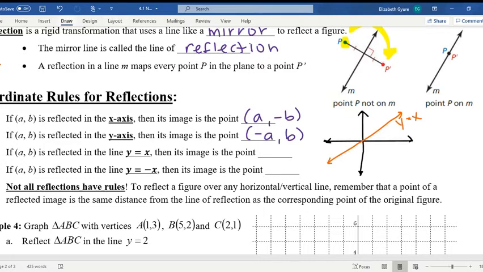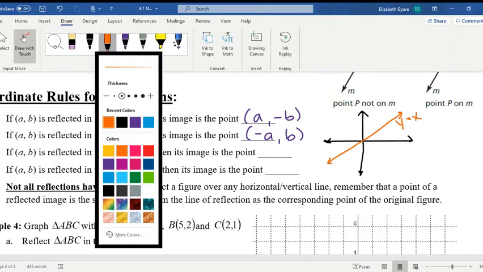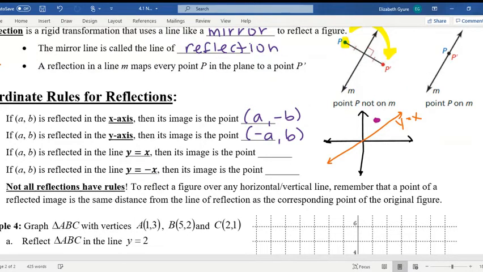So if you had a point over here, and you're going to reflect it over, it's going to end up over here somewhere. Again, this is just a general sketch, but that's what we're doing if we're reflecting it over that.